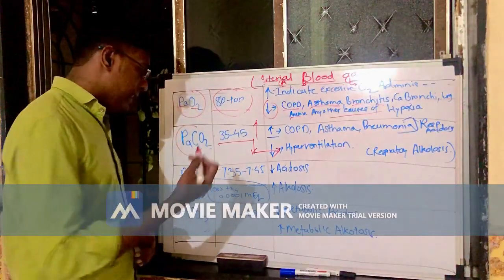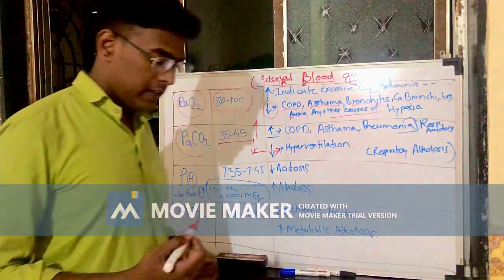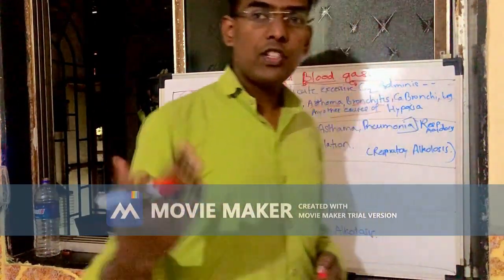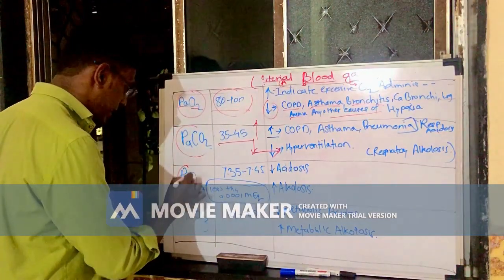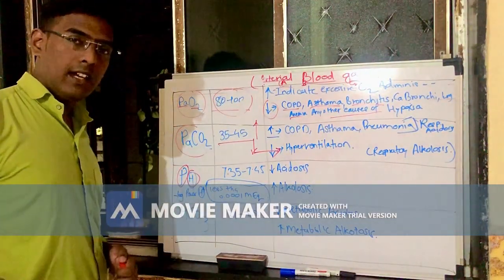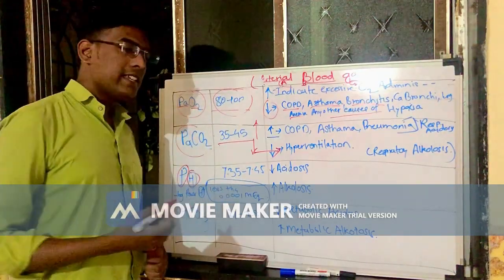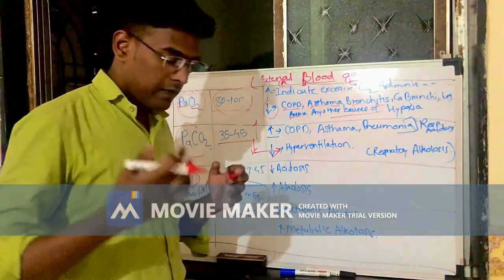Then we'll see about pH. What is pH? We all know about pH from childhood. But what is pH? pH is the power of hydrogen ion. How did this come? This came with a long equation with different inventors.